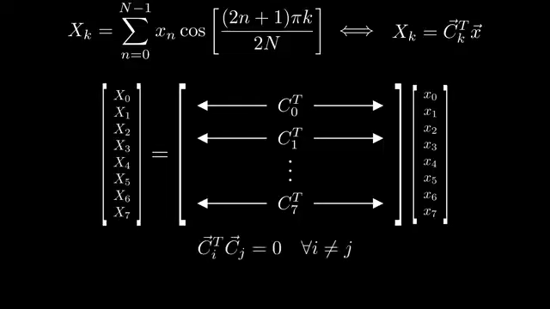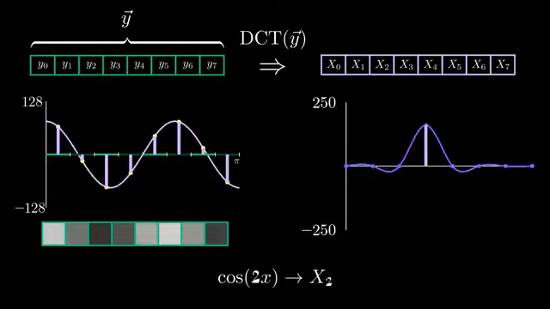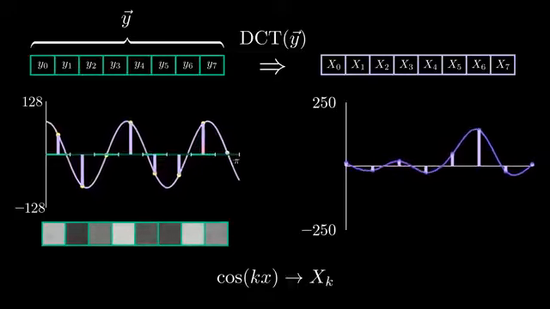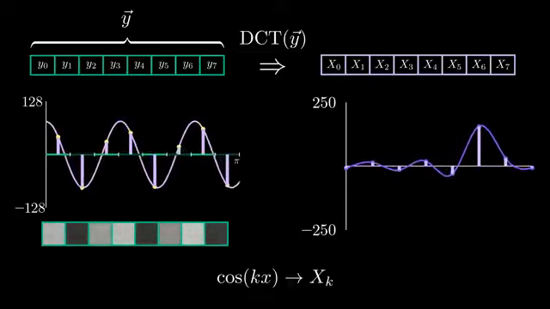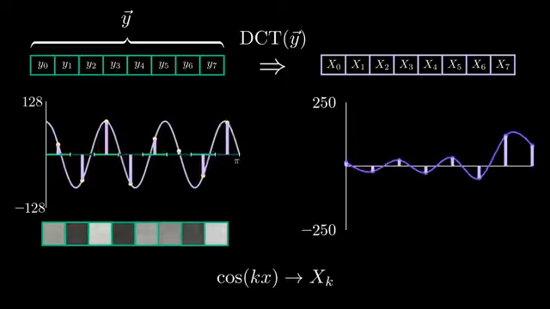What I mean by that is if you take the dot product of any two row vectors representing cosine waves, you will get 0 if they are different rows of the matrix. Intuitively, this is why in our earlier experiments, when we passed in a cosine wave of a particular frequency as an input into the DCT, we didn't get a contribution from any of the other coefficients which represented different frequency cosine waves. The orthogonality of the sampled points from different cosine waves generates this behavior. It's really quite beautiful.